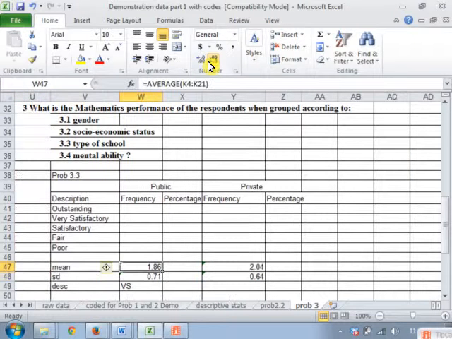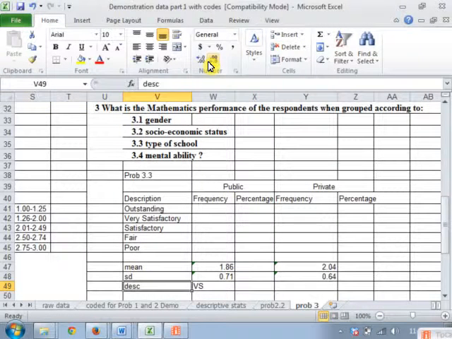Look at this. The mean of those coming from the public school in terms of the respondents' mathematics performance is 1.86, and that's qualitatively very satisfactory. And then those coming from the private, what's 2.04? 2.04 is satisfactory, right?